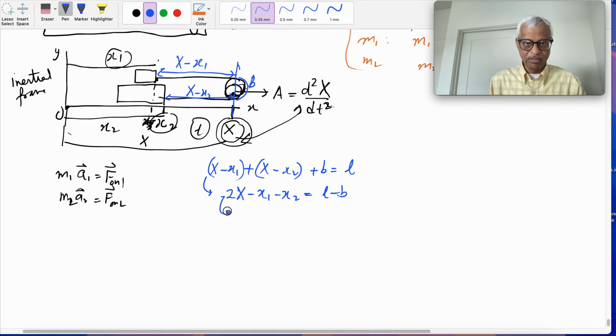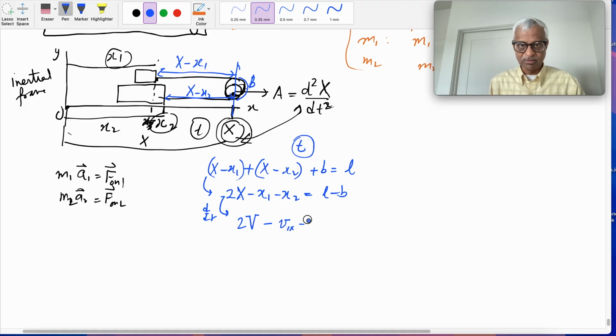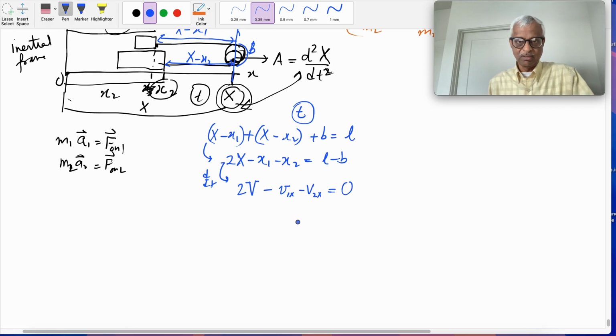Take the time derivative, then 2 times the velocity of the pulley at any time. So this is all happening at instant t. Always keep in mind b1x minus b2x, and this side will be 0 because that's constant.